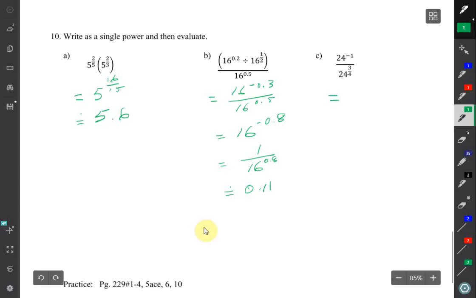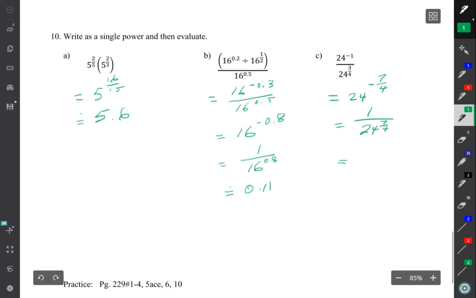Looking here, we have minus 1, minus 3/4. So that's minus 1 3/4, or minus 7/4. 24 to the minus 7/4. And then as a positive exponent, that would be 1 over 24 to the 7/4.